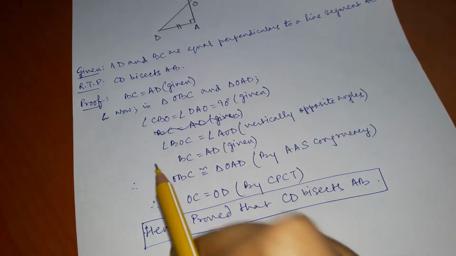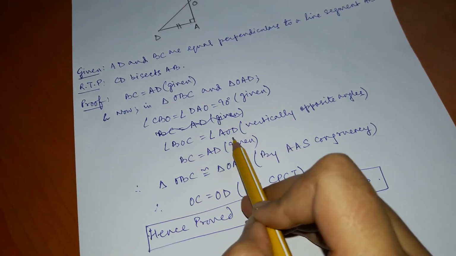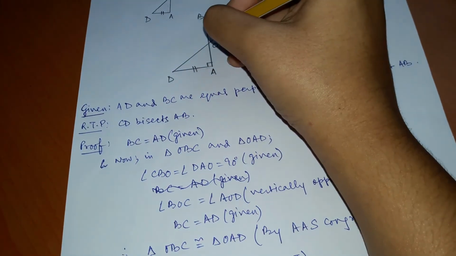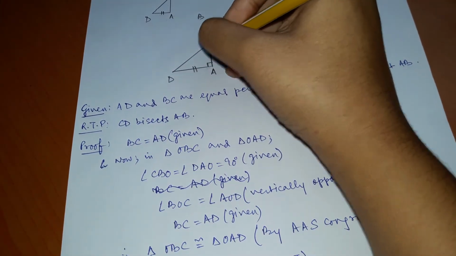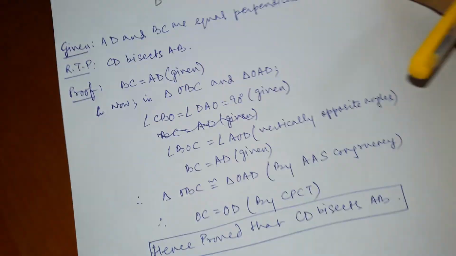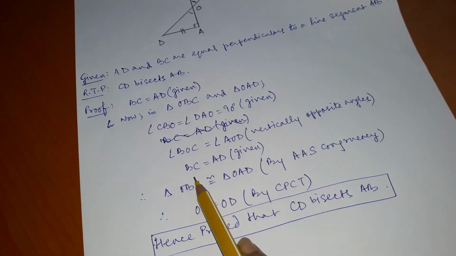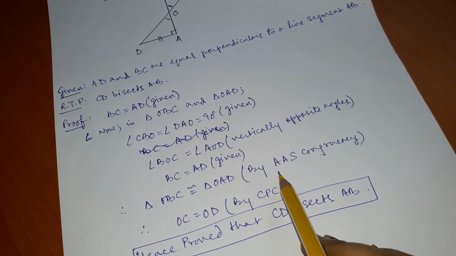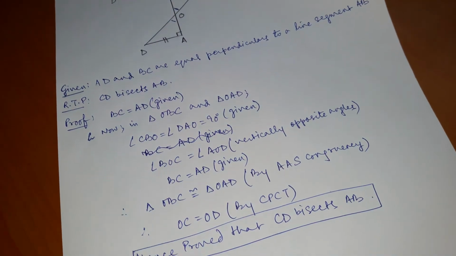And also we can say angle BOC equals angle AOD, vertically opposite angles. Angle BOC is equal to this angle, vertically opposite. And BC equals AD we are already given. So we can say triangle OBC is congruent to triangle OAD by AAS congruency.